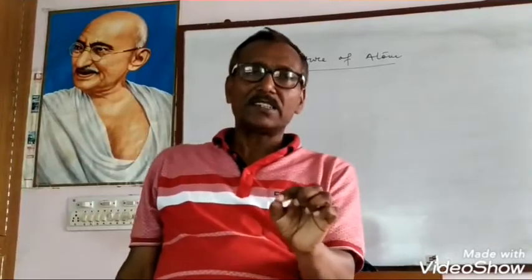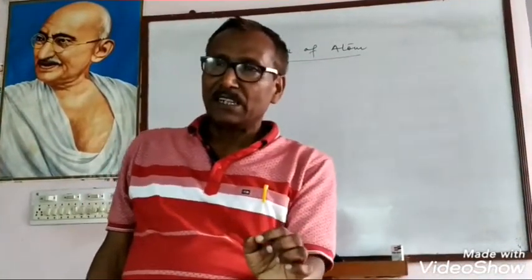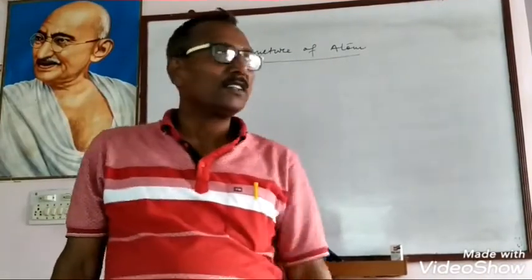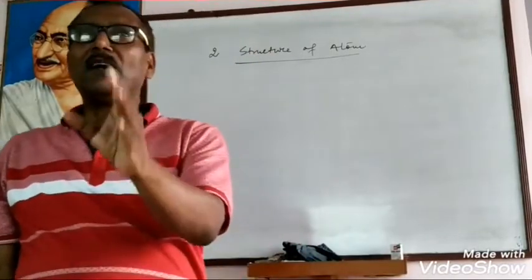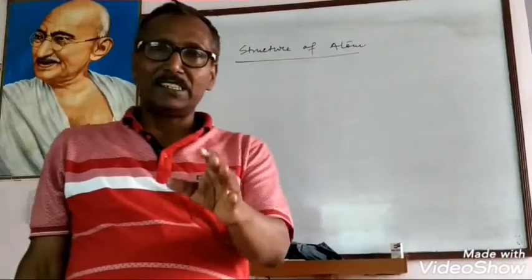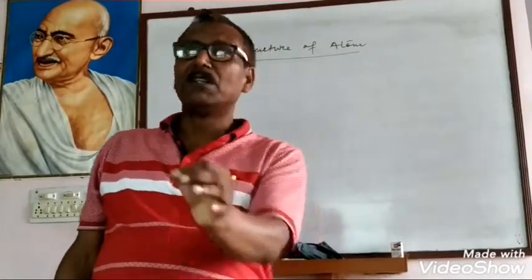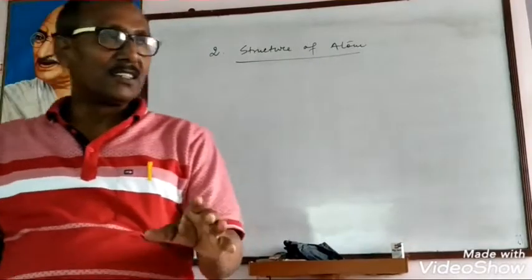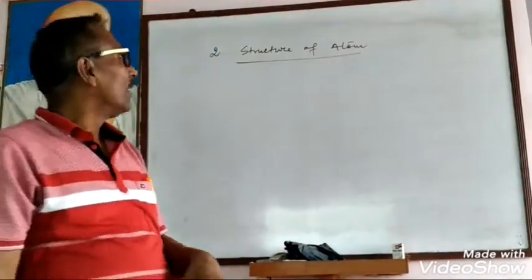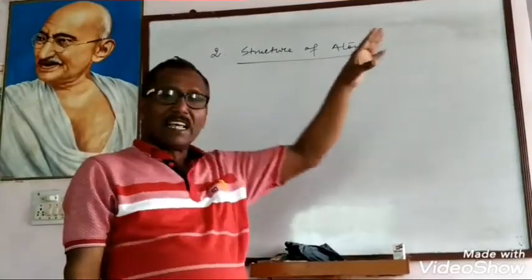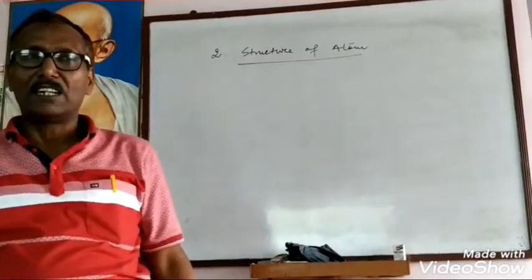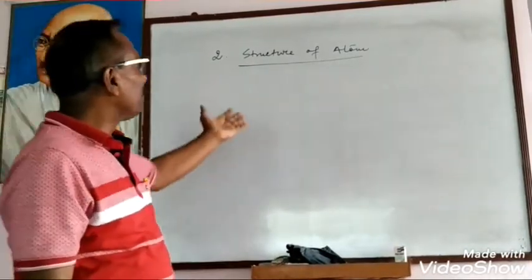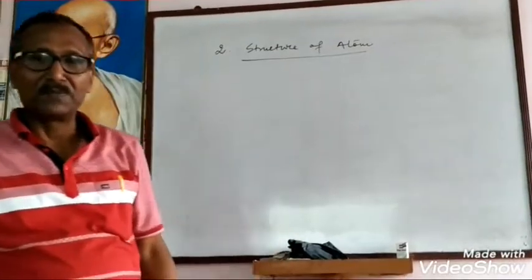The first point is an atom is the ultimate particle of an element which cannot be divided further. That means it is an indivisible particle. So if we consider Dalton's atomic theory, then an atom has no structure. That means an atom is structureless. Then how can we have the structure of atom?